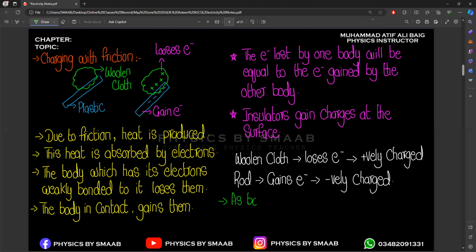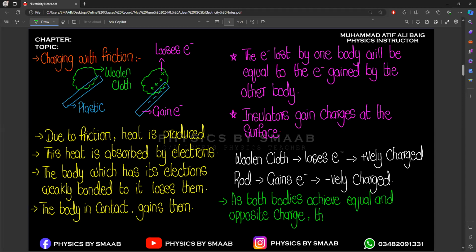So we will write: both bodies achieve equal and opposite charge, they attract, because unlike charges attract each other. So this is also a very simple idea about the transfer of the charges, right?